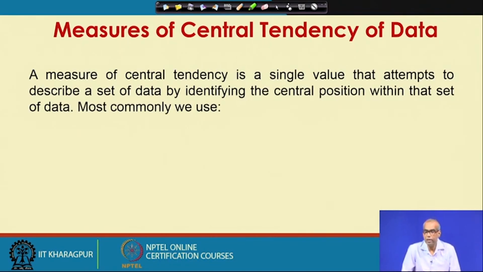Measures of central tendency of data. A measure of central tendency is a single value that attempts to describe a set of data by identifying the central position within that set of data.